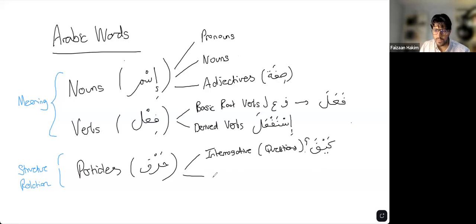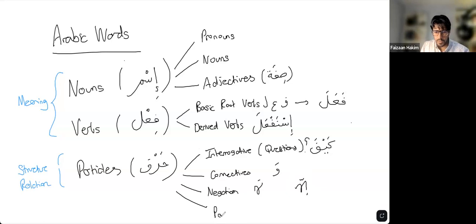We have connectives, like wa, and. We have negation particles, like la. La just means not. You have illa, except. Right, la ilaha illa Allah, no divinity except Allah, the God.